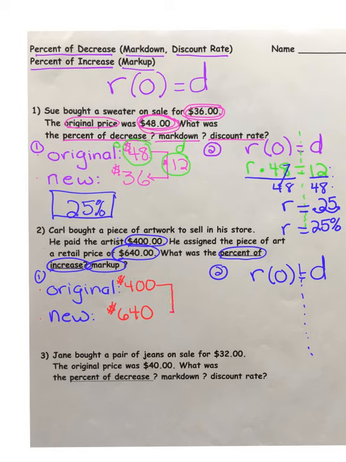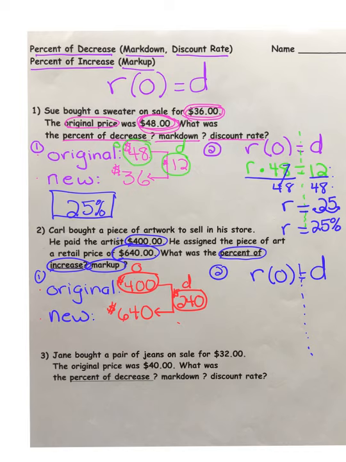The price or the difference increased by, dollar-wise, $240. If you take $640 and take away $400, you get $240. That's the difference. And we're going to compare that back to the original.